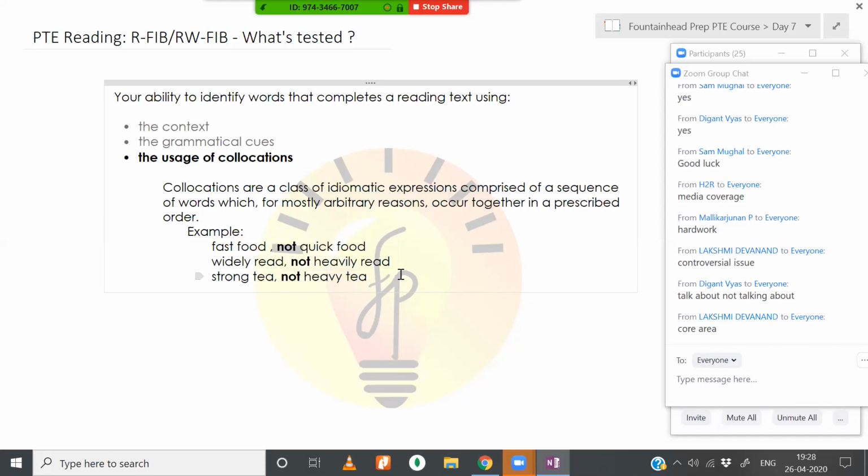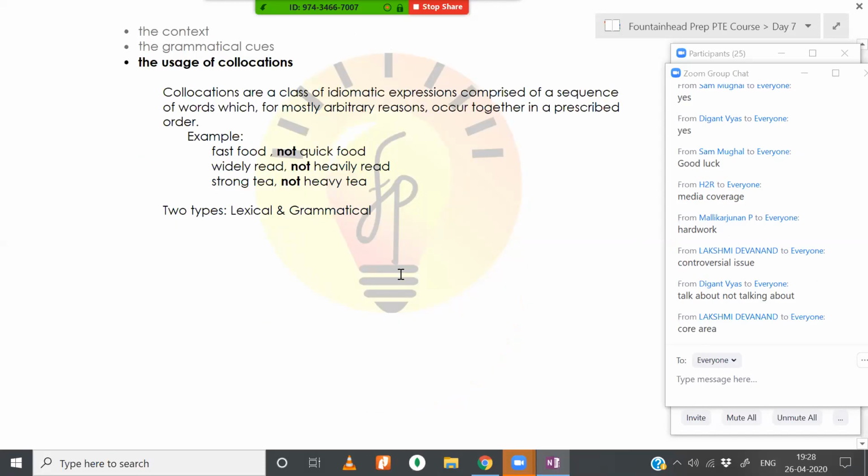So basically, there are two types of collocation. One is lexical collocation, and the other one is grammatical. Lexical collocation is a combination of two or more content words such as nouns, verbs, adjectives, and adverbs. For example, read widely, widely read, fast food, core area.